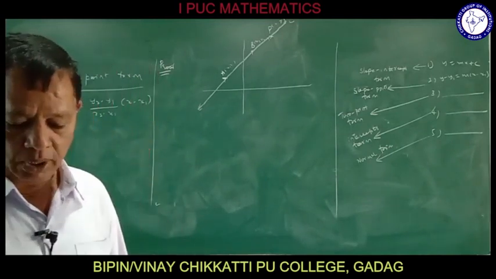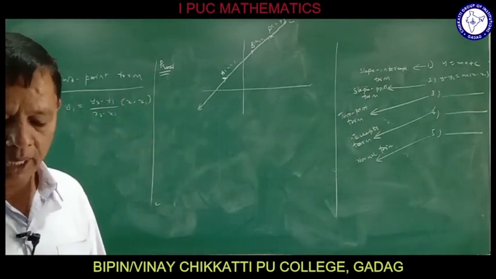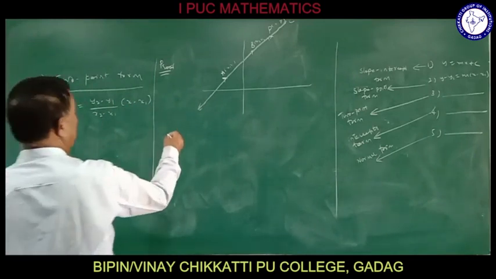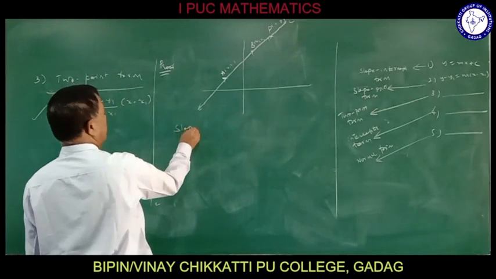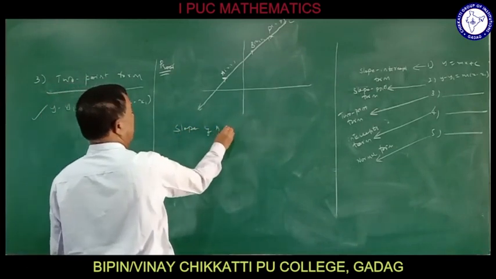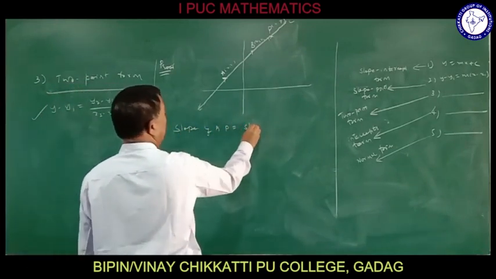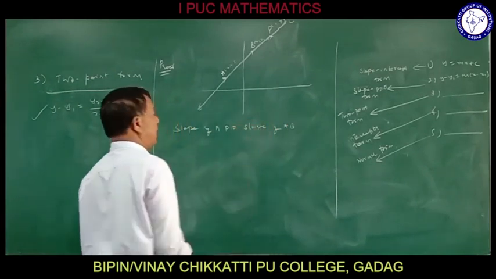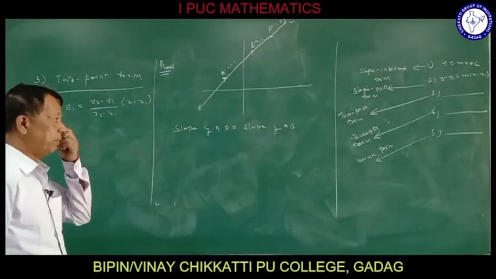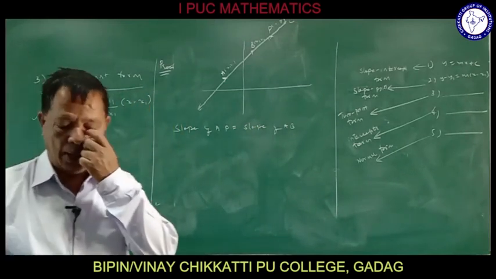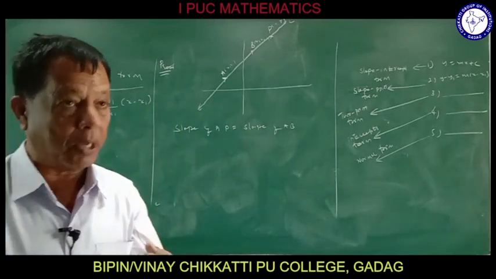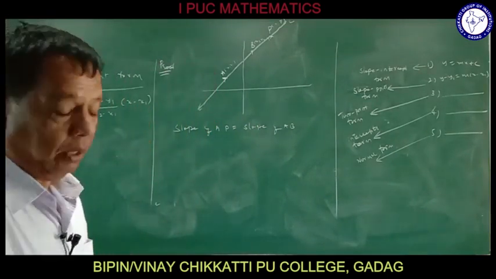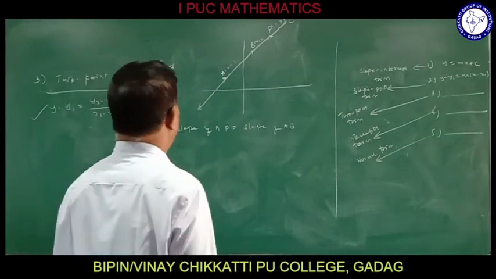Here you have to see that the slope of AP is equal to the slope of AB. A is fixed. Slope of AP is equal to slope of AB. And you know, when a line is passing through two points, how to find the slope. First, find the slope of AP.